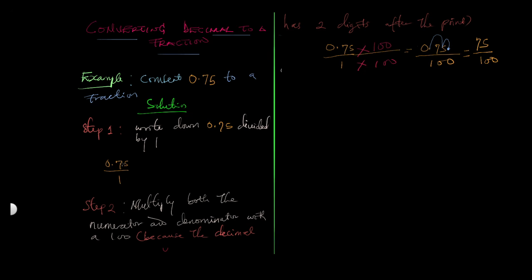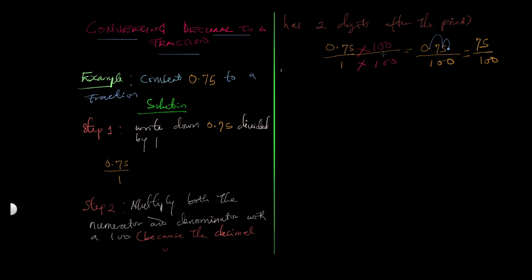Why 100? Because this decimal has 2 places of decimal. You count the digits after the decimal point: 1, 2. So we multiply with 100, because 100 has 2 zeros also.